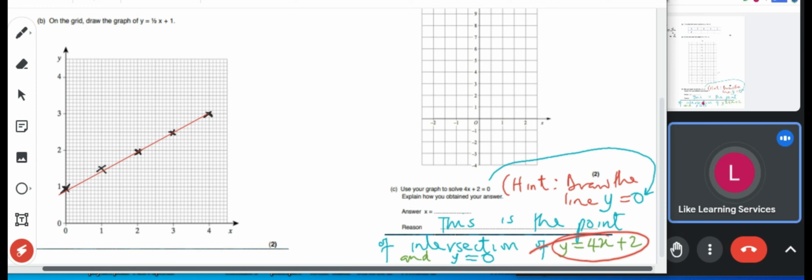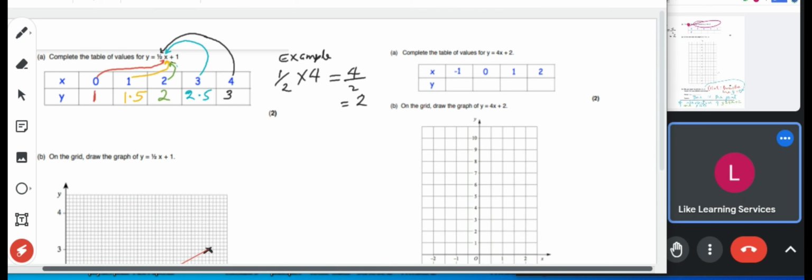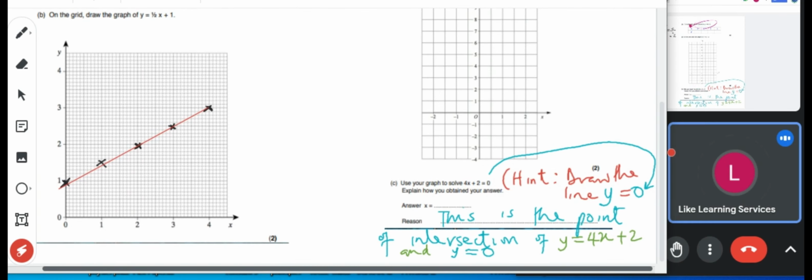Remember, the first graph is what you were given to plot, y equal to 4x plus 2, and then the second graph is this additional one, y equal to 0.